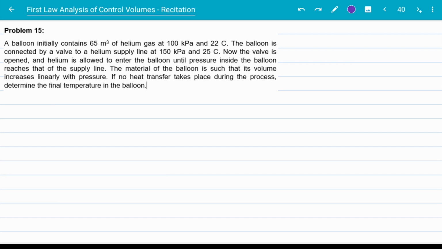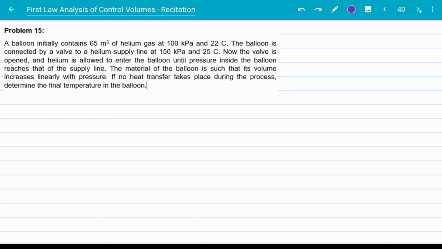Problem 15. We have a balloon that has a volume of 65 meters cubed, and it's filled with helium gas. The initial state of the helium inside the balloon is 100 kilopascals pressure and 22 degrees Celsius temperature. This balloon is connected to a supply line.